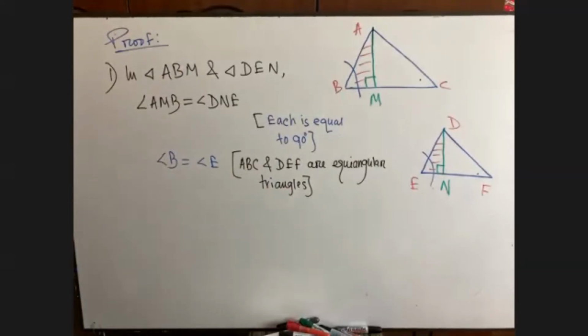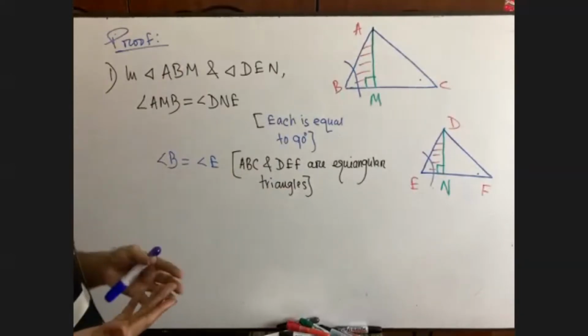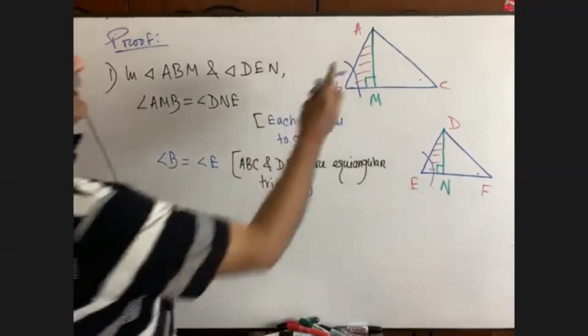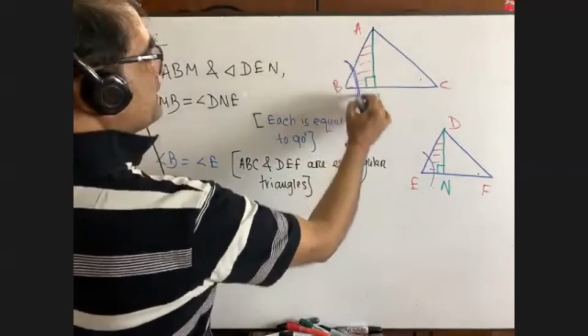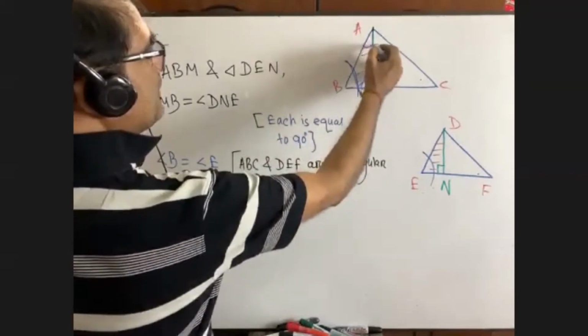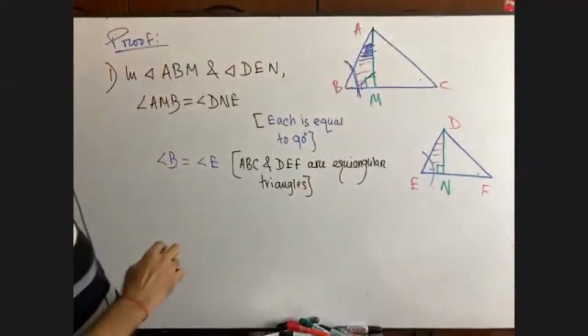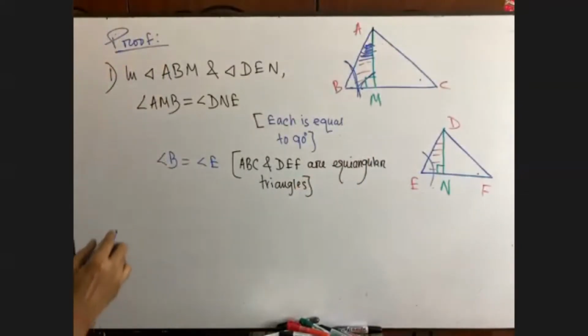And we know in two triangles, if two angles are equal, then the remaining angles are also equal. So in this triangle, we have considered this angle and this angle. So we are left with this angle. So what is the name of this angle? Angle BAM.